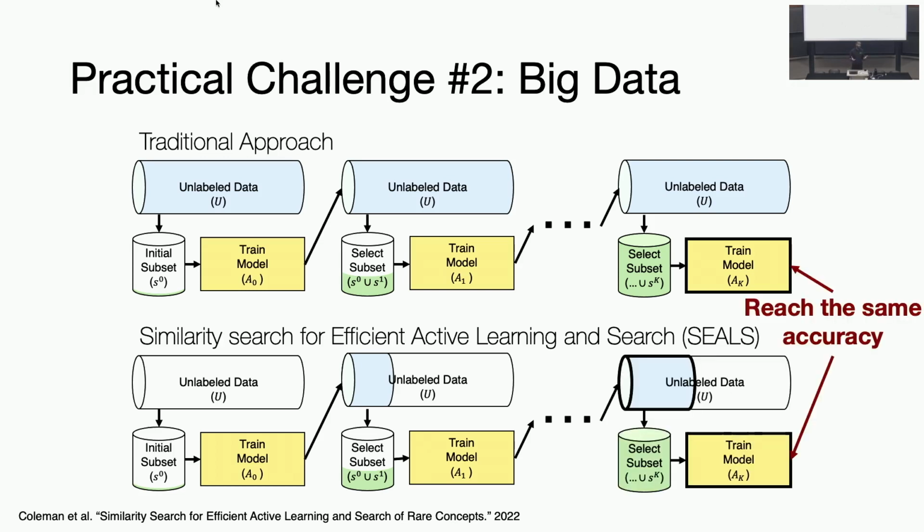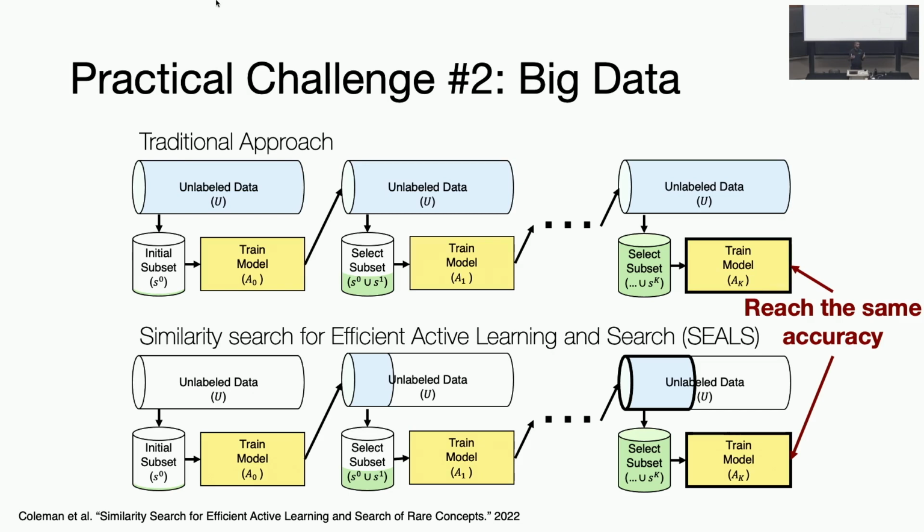And the surprising thing is that, even though we end up looking at only a very small fraction of the overall data, we can still reach the same accuracy as we would have if we had scanned over all of the data. And this is due to the power of the representations in these large foundation models.